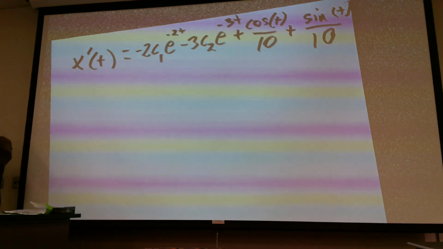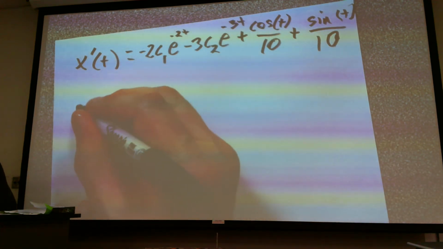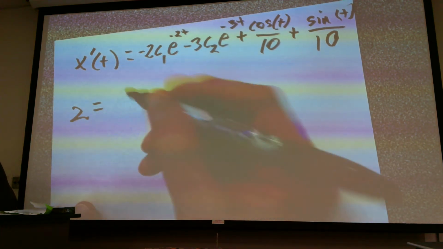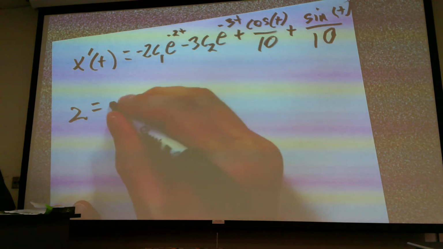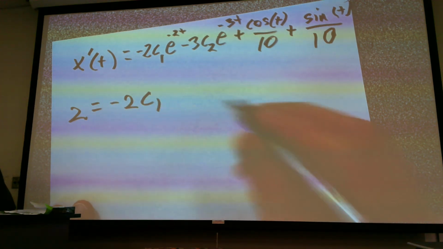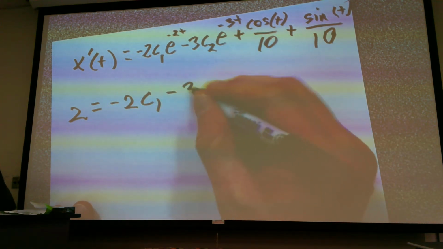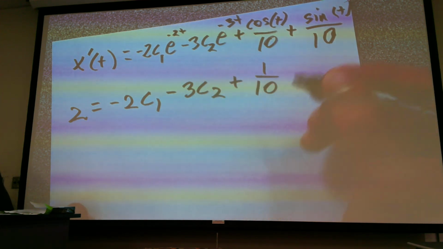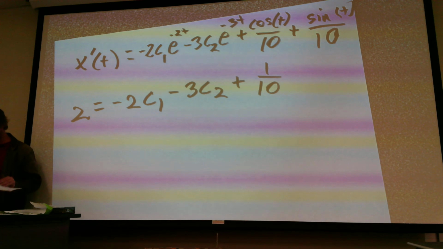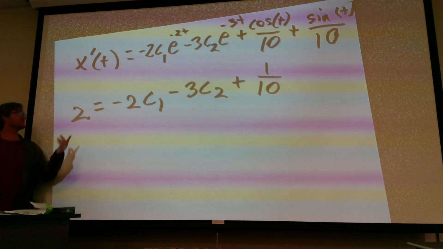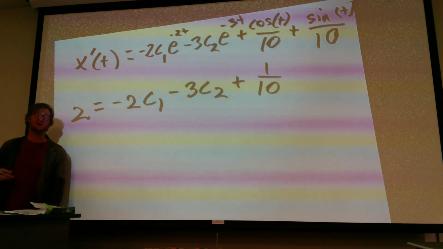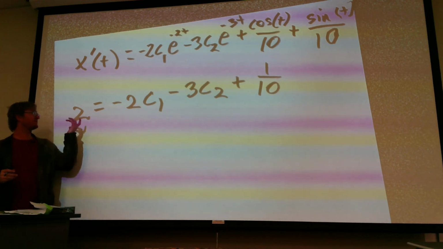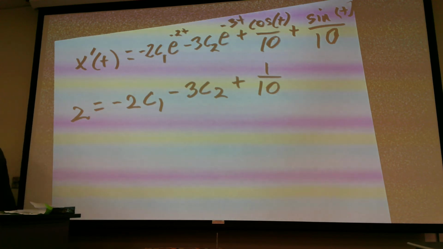So that means that 2 is going to be negative 2 c1 minus 3 c2, and then plus 1 divided by 10. If I subtract 1 over 10 from both sides of this problem, this 2 is really 20 over 10. So 20 over 10 minus 1 over 10, I'm getting 19 over 10.